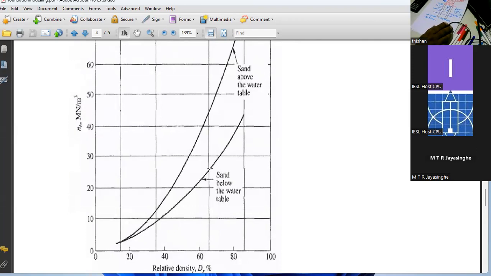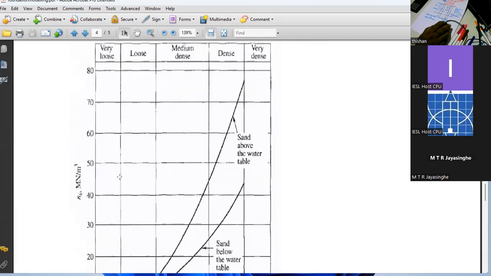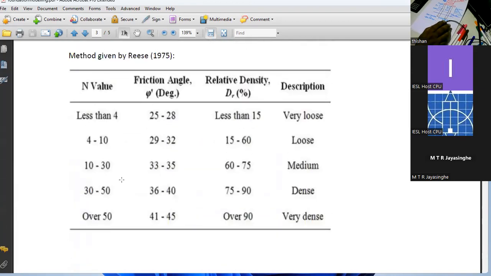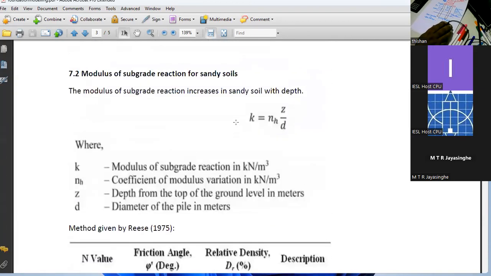If the sand is above water table, you will use this chart. From this one, if the sand is above water table, you will get a subgrade reaction of about 45,000. And here you will get a value like 25,000. So let's say the value is 25,000.